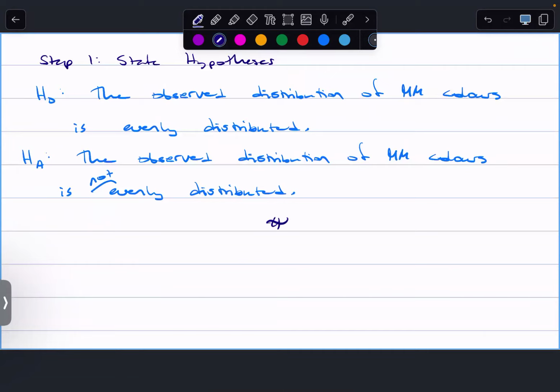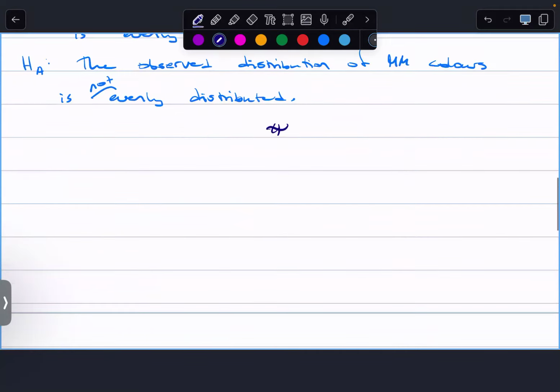I did show you the chi-squared test statistic, which is similar to the Z that we've been working with, right? It still looks at how far is my observed value from the expected value. And here I'm just going to give it to you, do the test.